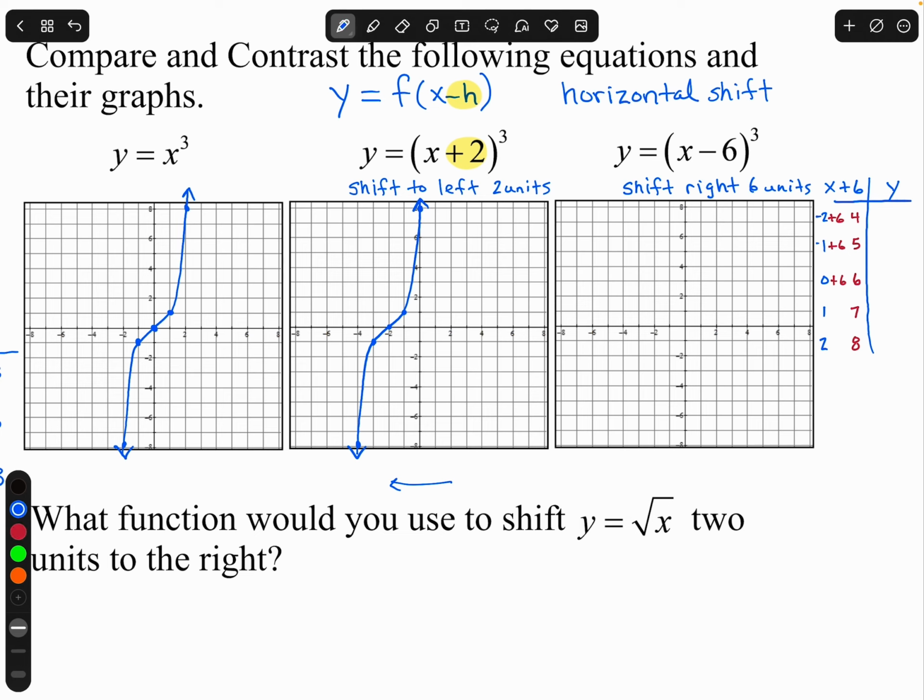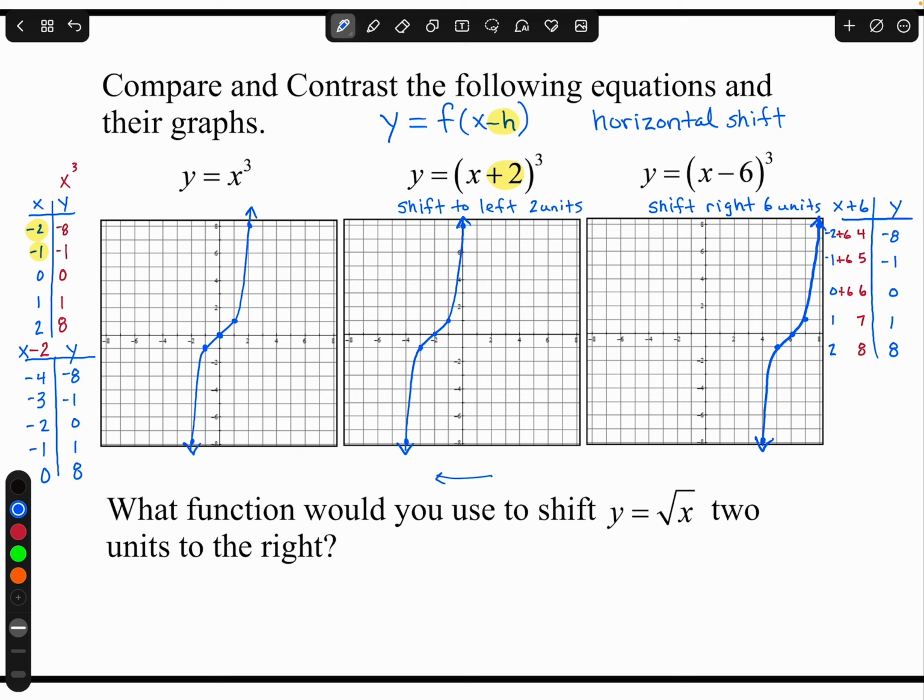And then all of our y coordinates will remain the same. We had -8, -1, 0, 1, and 8. Let's plot those points on here. So at 4, -8 would be down here. 5, -1, 6, 0, 7, 1, and 8, 8. And we will just rebuild that function just like that.